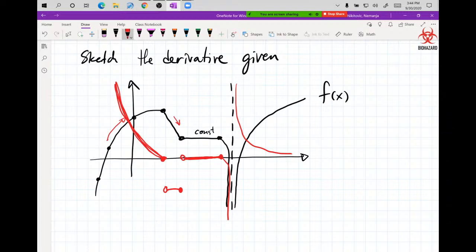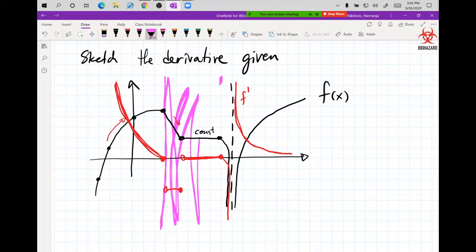If I am to delete this black line, the only thing that stays on the graph would be the f prime. The entire red line is f prime. And now I'm going to analyze this line to see. If I look at the first, we are ignoring everything else.